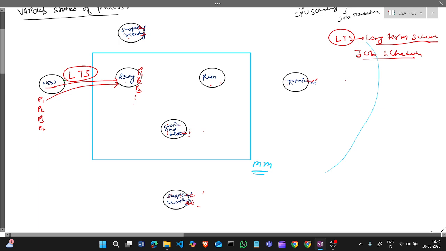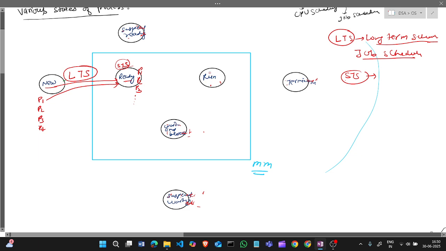Now here there is a short term scheduler inside the ready state. The short term scheduler chooses the one process which has a high priority, among the several processes inside the ready state, for the run state.